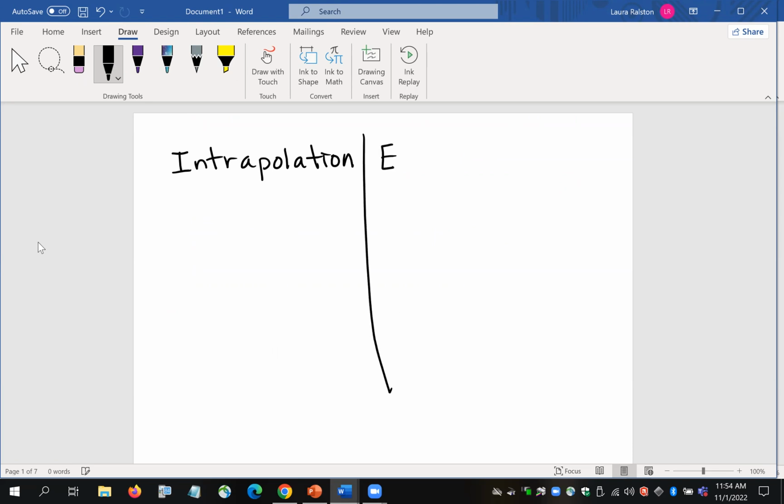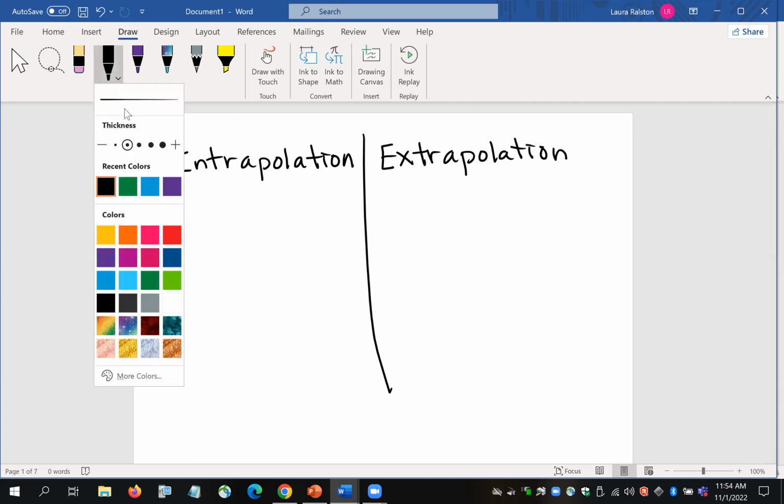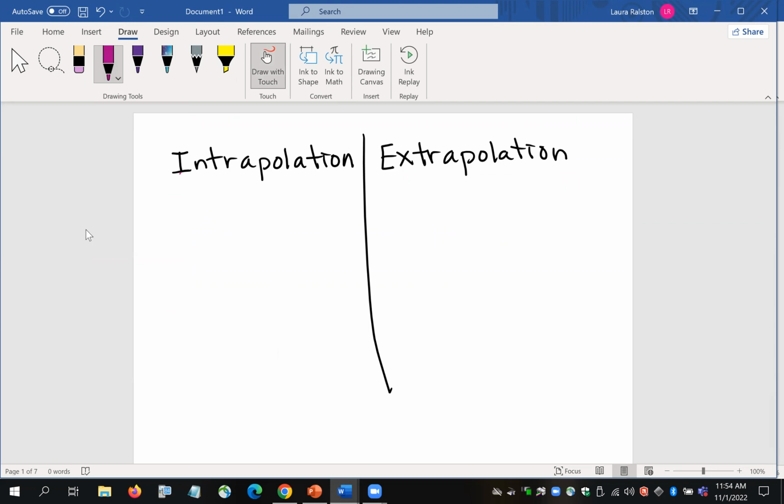And the other is called extrapolation. Again, if you know a little bit of English and some of the prefix issues, inter means between.